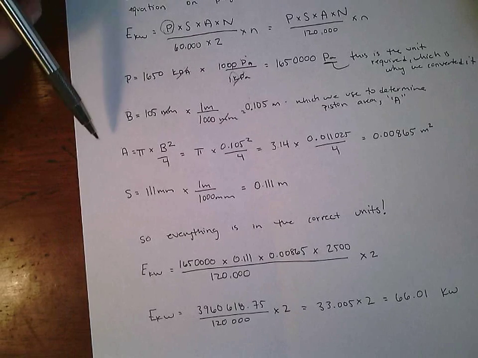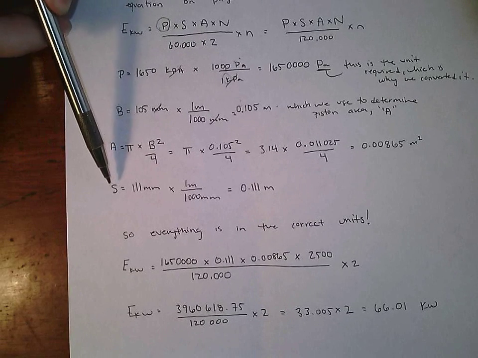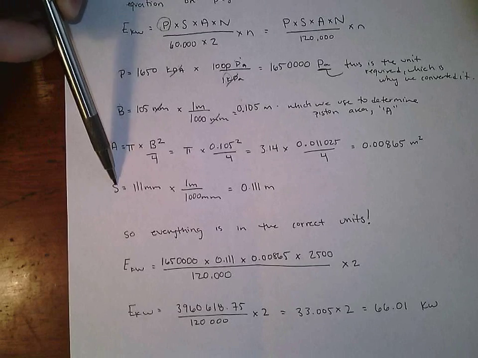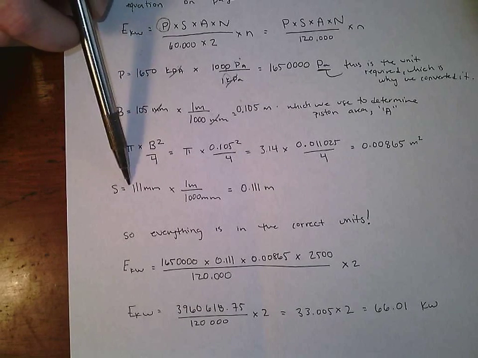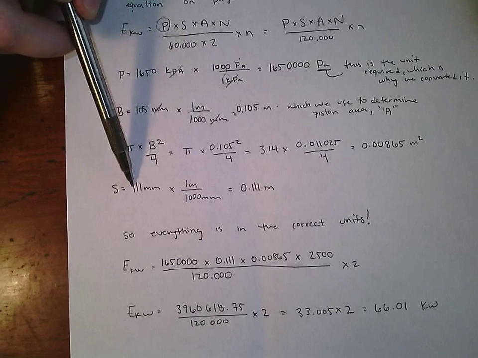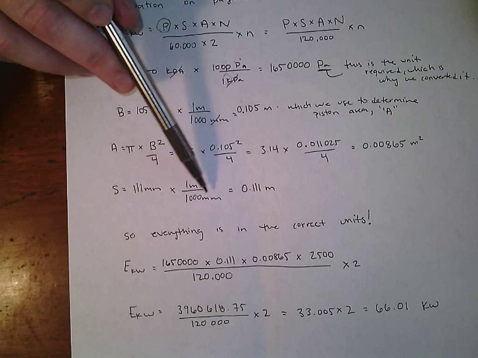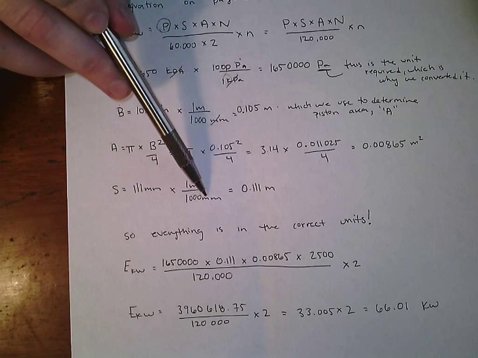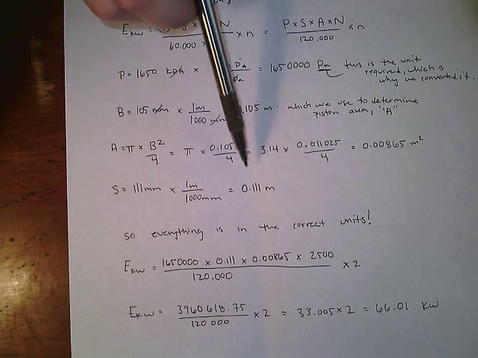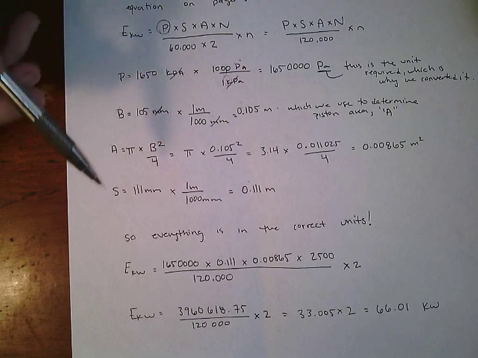Similarly to the bore size, we need to convert our S into meters. So we multiply 111 millimeters times 1 meter over 1,000 millimeters, because there's 1,000 millimeters per 1 meter, and that gives us 0.111 meters.